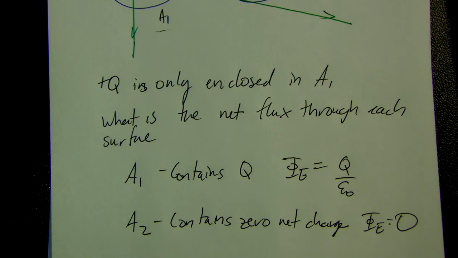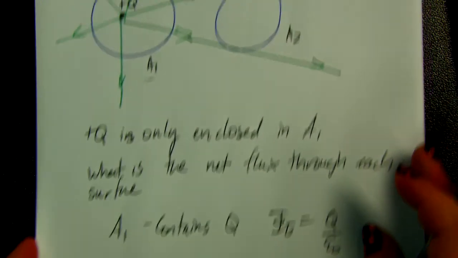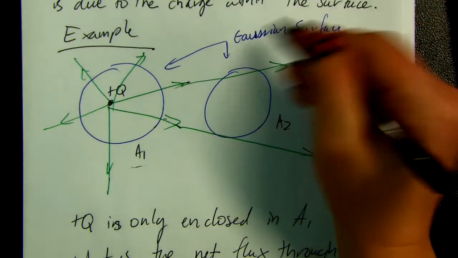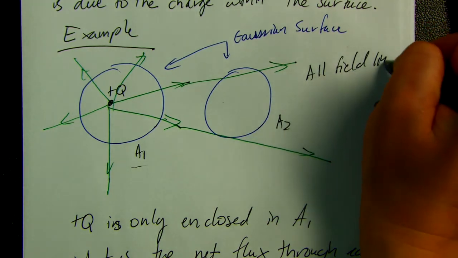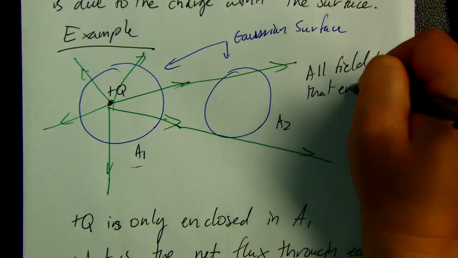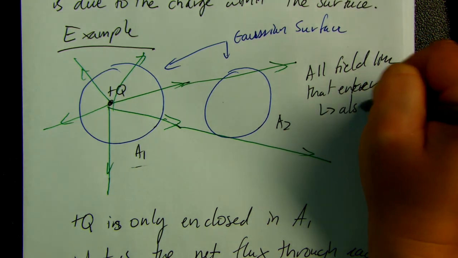So in the dipole that we looked at before, it is true that you would see some field lines from the other particle. They are not contributing to the flux. They are not inside that surface. And one thing to note that would be an indicator that this has no charge inside is that all field lines that enter also exit.